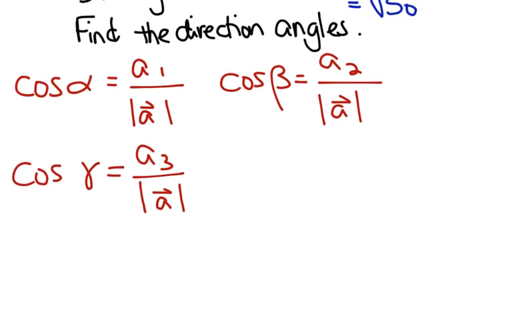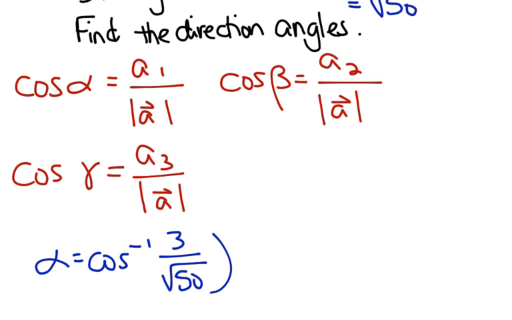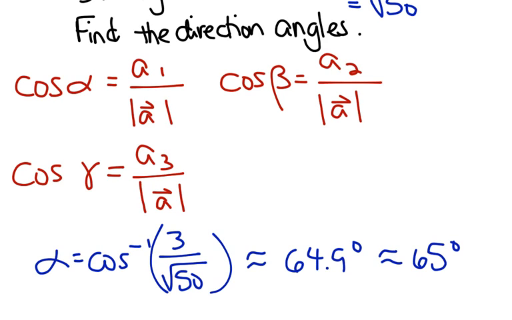To find alpha, we're going to do the inverse cosine of 3 over the square root of 50. Just be careful how you plug this into your calculator. You're going to get 64.9 degrees, or approximately 65 degrees.